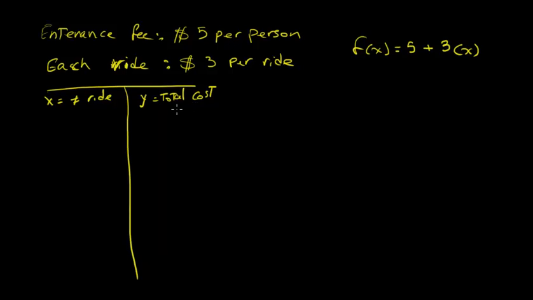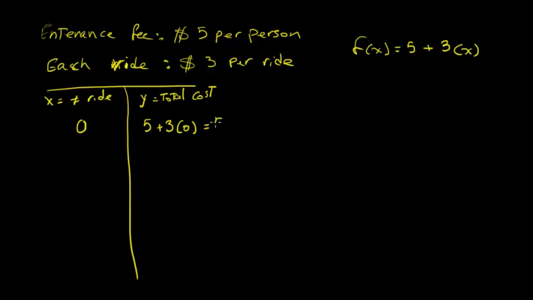Now, let's say you go to the park, but you don't get on any ride. You just walk around. So 0 times you get a ride. We put 0 here. And our function is 5 plus 3 times 0, right?